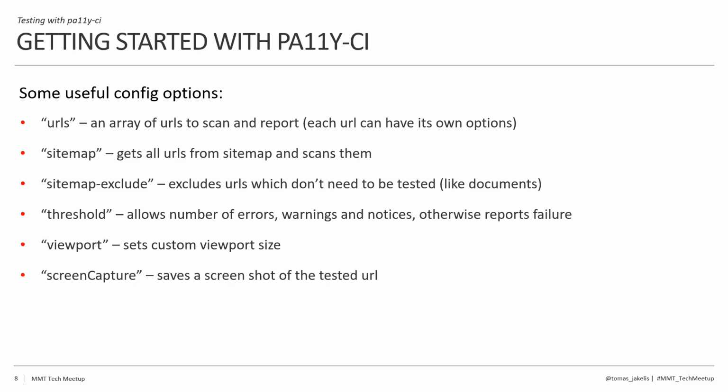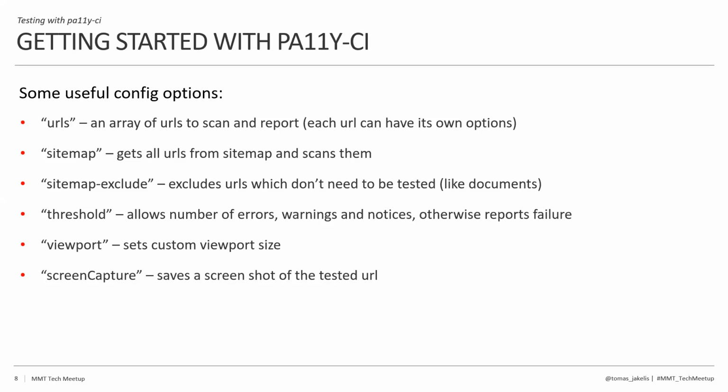So viewport. I already touched on that and talked about URLs. You can set different viewport sizes to test against, which is useful. When these are getting tested, we can screen capture them, and we can tell Pa11y CI to screen capture what's being tested and save these screenshots in a local location.